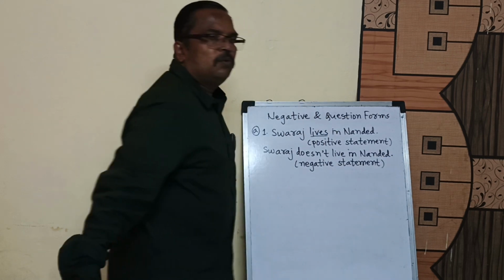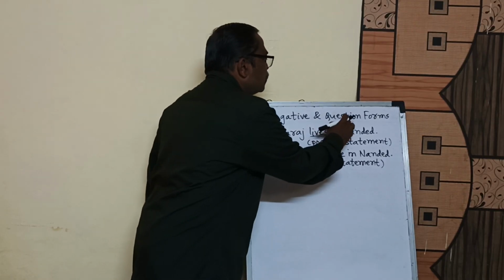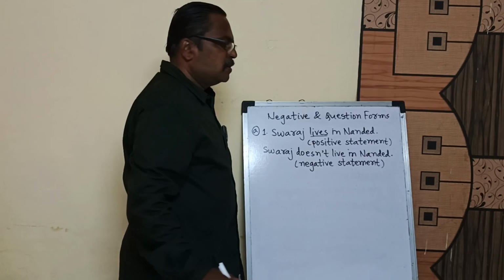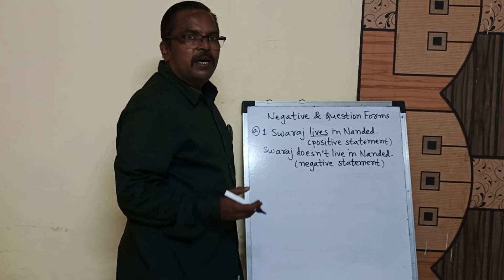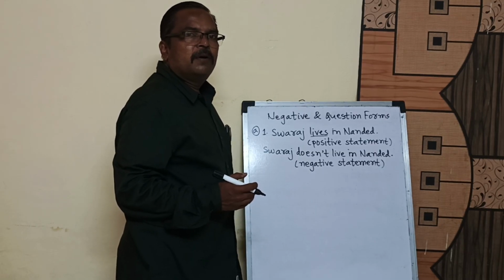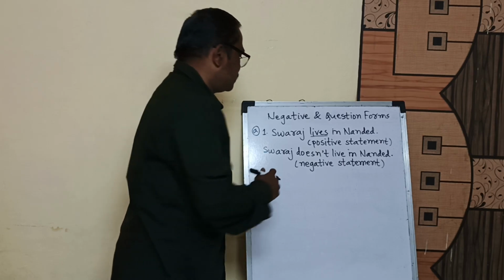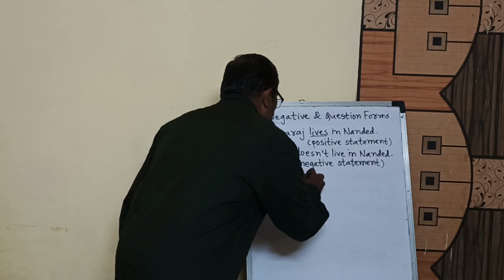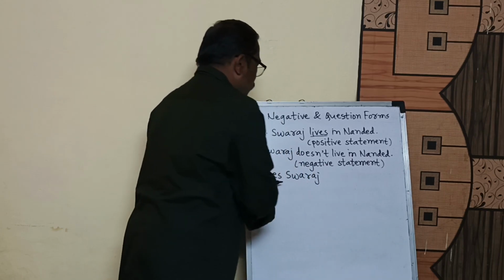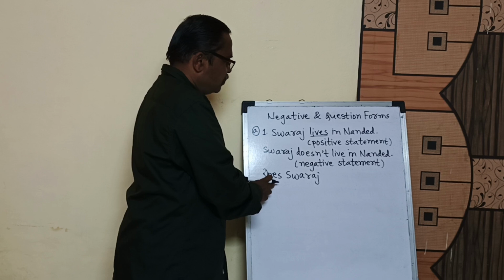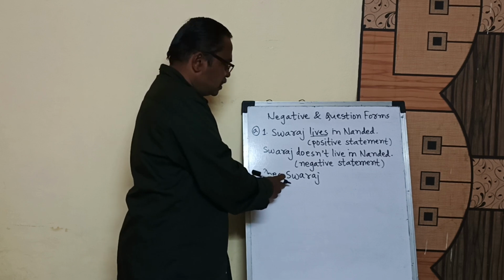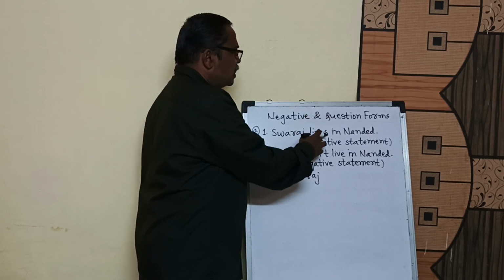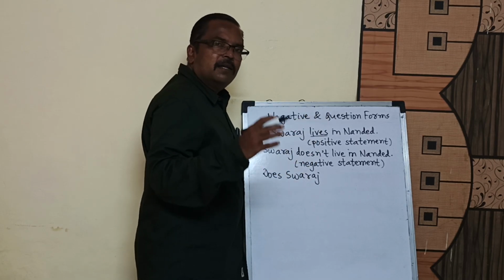Now we are going to frame the question form of the given sentence. For that, again, we have to take the helping verb of to do, that is does. Does Swaraj. When we take the helping verb does, we must remove the suffix s or es in the main sentence.